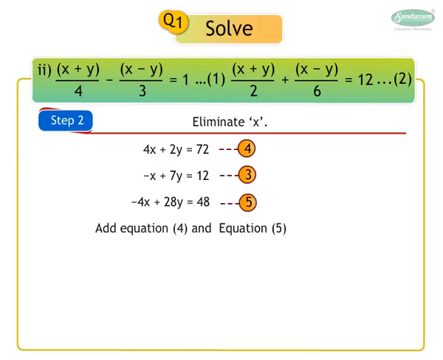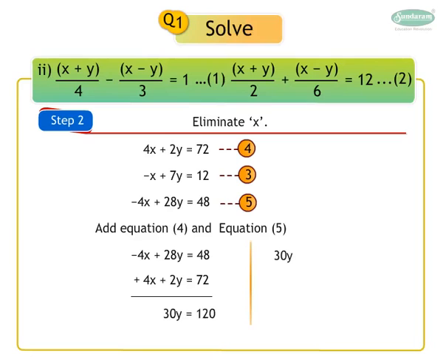Add equation 4 and equation 5. Minus 4x plus 28y is equal to 48 plus 4x plus 2y is equal to 72. Hence, we get 30y is equal to 120.